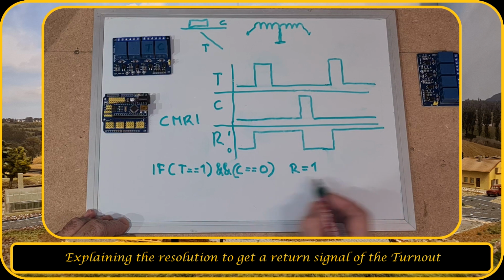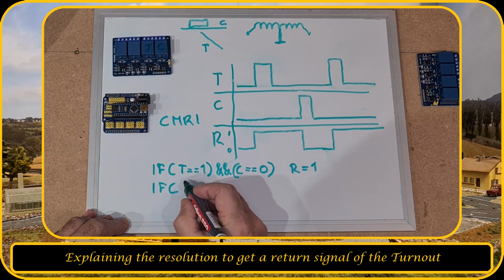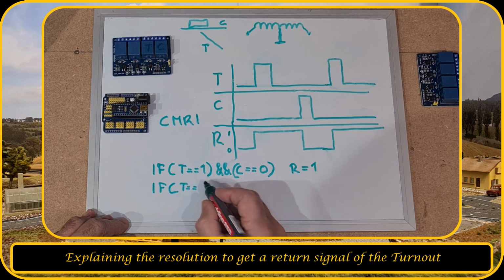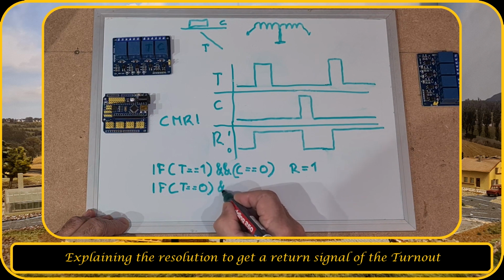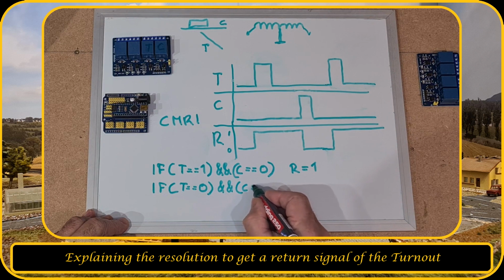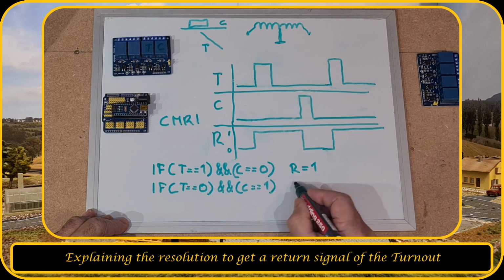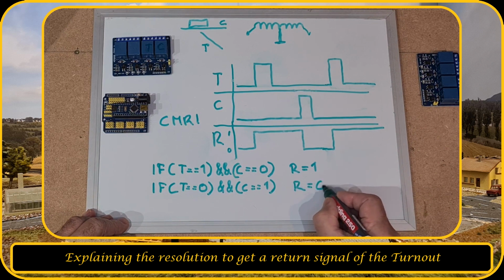And then the next statement will be if t equals 0 and c equals 1, then that means R needs to be 0.